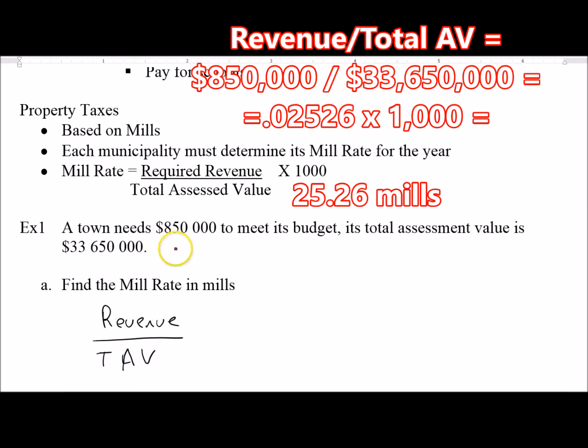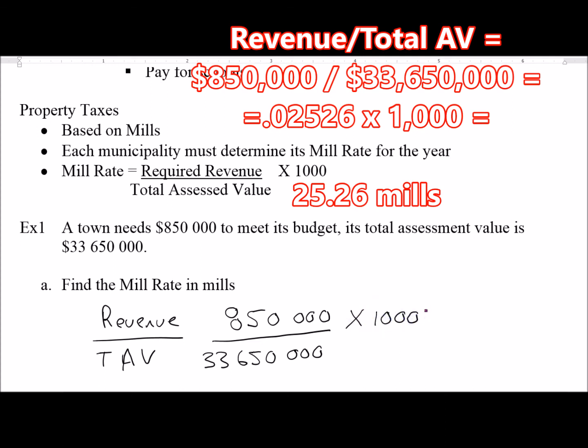The revenue was $850,000. I'm going to divide that by the value of $33,650,000. Now to make this into a mill rate in mills, I'm going to multiply by 1,000.